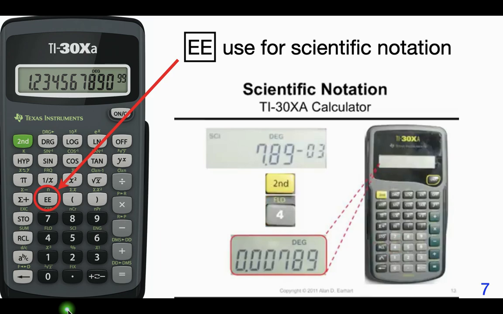And so it'll put it back in as 0.00789. Now keep in mind, floating notation is only used, if you force it into floating notation, it's only used when the number is not too big or not too small. In other words, Avogadro's number will not be shown in floating display in this calculator because it doesn't show enough digits. Make the number small enough, it will not be shown in floating notation.